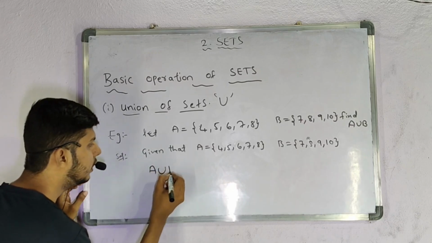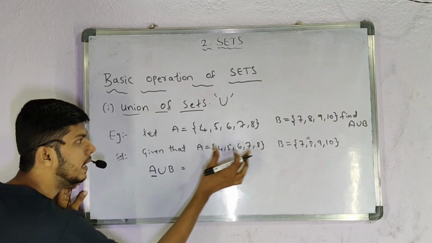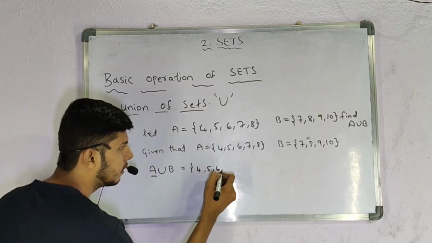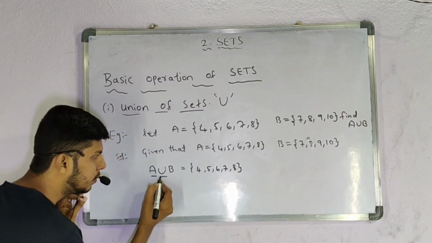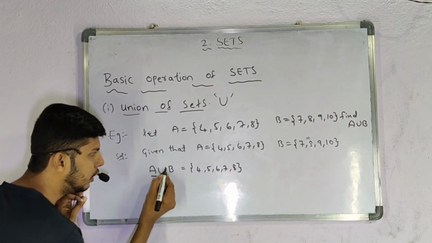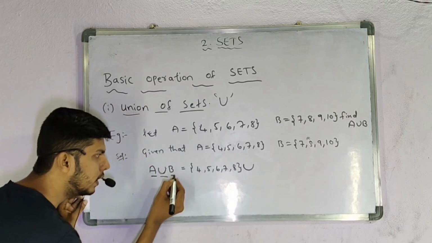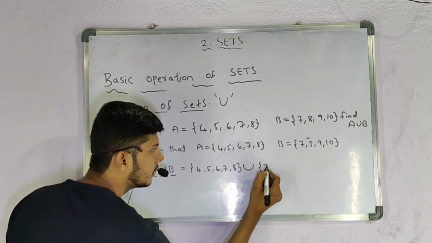A union B. First, we write the A set here, 4 5 6 7 8. Next, what is the symbol of union? We represent it like U, so we write the union symbol. Next, we write the B set here.